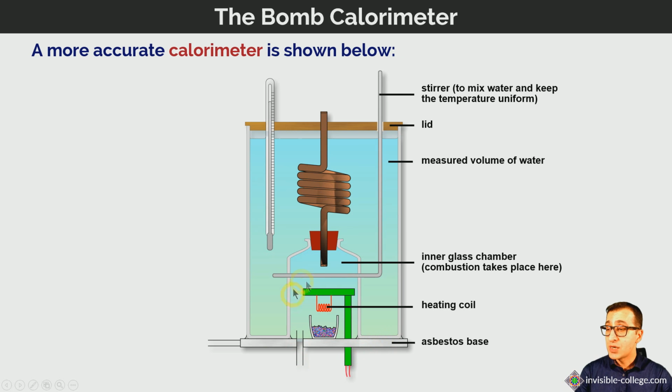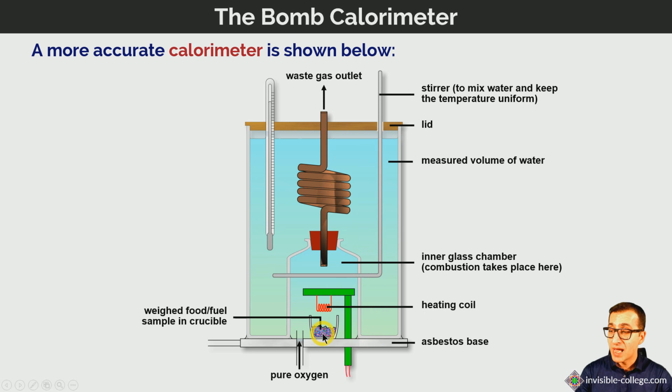We pump into this inner chamber pure oxygen gas. And the waste gas is exhausted through this copper pipe, which is coiled multiple times so that any heat from the exhaust gases is radiated and conducted into the surrounding water, and therefore also contributes to the measured rise in temperature of the water. Inside this little crucible is where we have the measured mass of the food sample, and the food sample is very carefully dried beforehand.